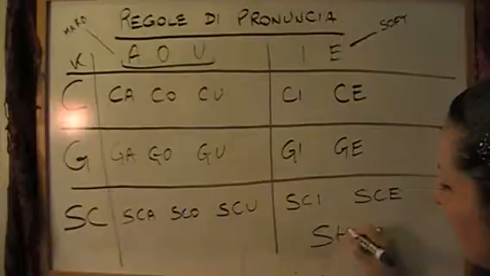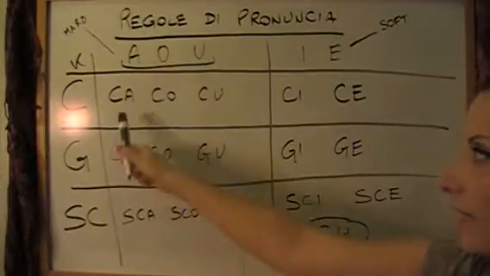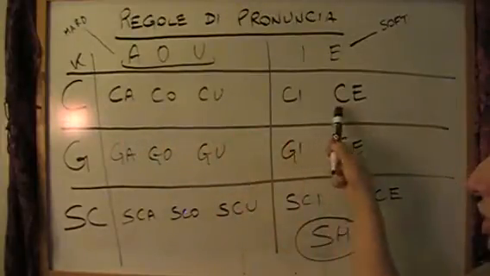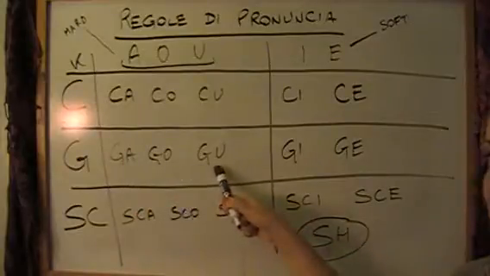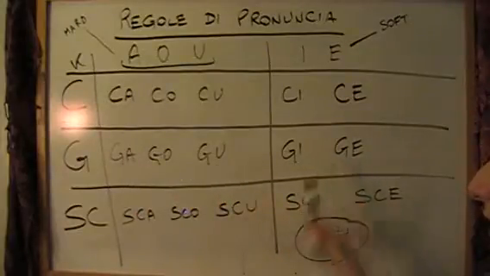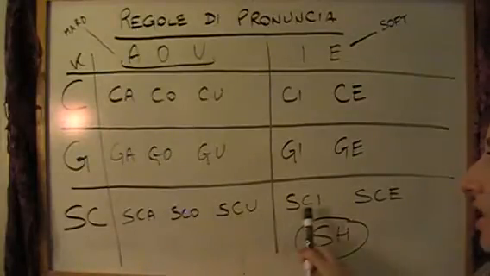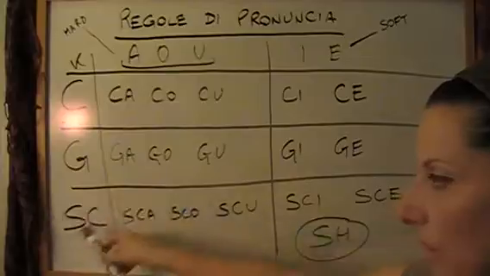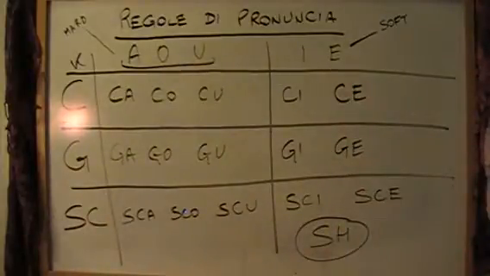Basically it is the sound you have in English. Ka, ko, ku, chi, che. Ga, go, gu, gi, ge. Ska, sco, scu, shi, she, according to whether those 2 consonants are in front of a hard vowel or a soft vowel.